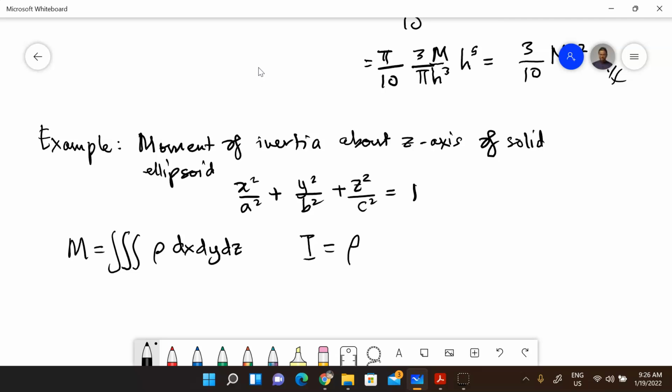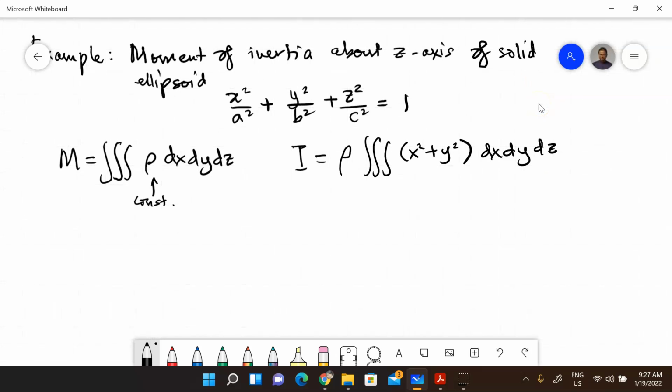So your I, again, about the z-axis, this will have to be the integral of rho. Rho is constant, I forgot to mention that, so you can bring it outside. And then your perpendicular distance about the z-axis is x squared plus y squared, just like before. Okay, so now how do you do the integral in this particular case?